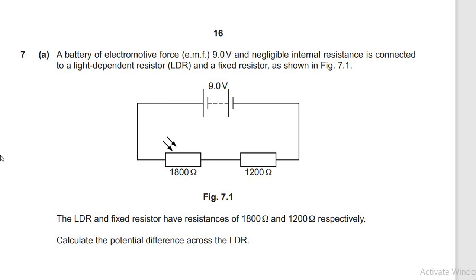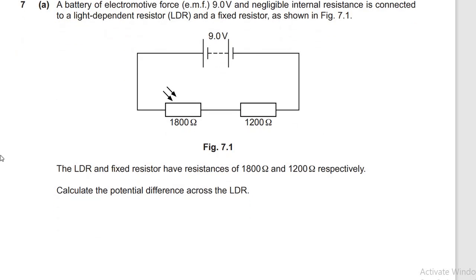The question asks us to calculate the potential difference across the LDR. If you see this connection, the LDR and the other resistance are in series. Series resistances share different voltage, but the same current.